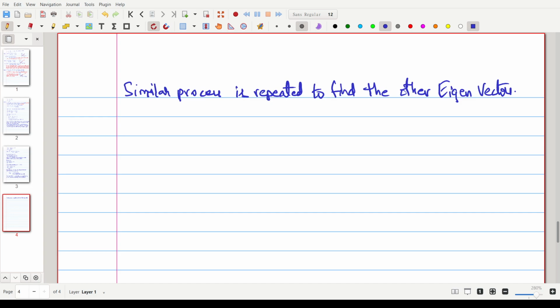And this is how we find the eigenvalues and eigenvectors of a given system of equations, or let's say the transformation matrix. For a given transformation matrix, this is how we find the eigenvalues and eigenvectors. So this is it for this video. Thank you.